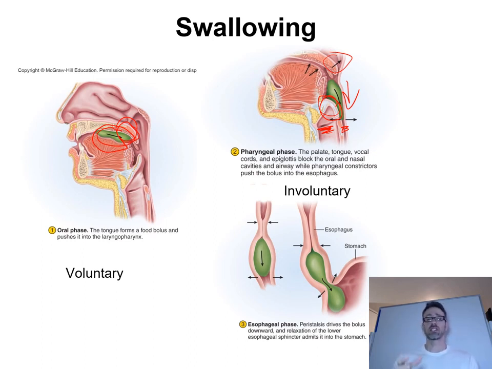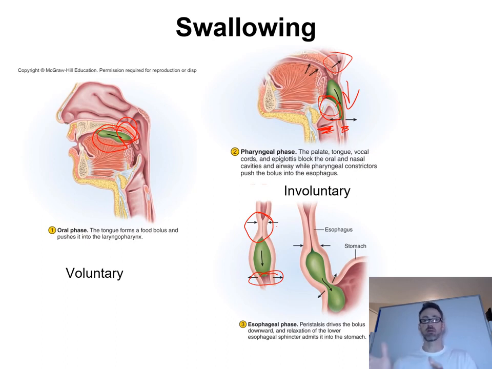Once it enters the esophagus, we have the esophageal phase, which involves what we call peristalsis: constriction of the esophagus above the bolus, and relaxation of the esophagus below it. Gravity helps out too because it goes basically straight downward. But we have to constrict above, basically like squeezing a tube of toothpaste, and then dilate below it so that it has an easy path with low resistance to get through.